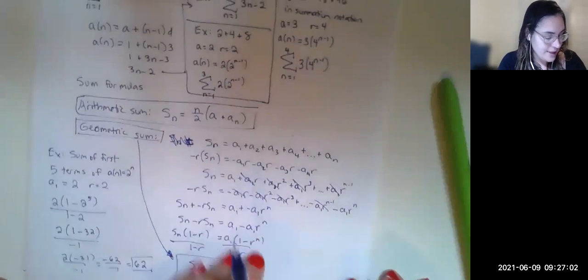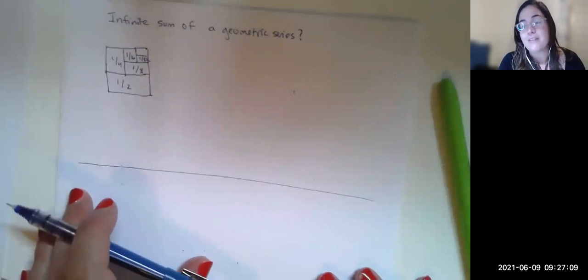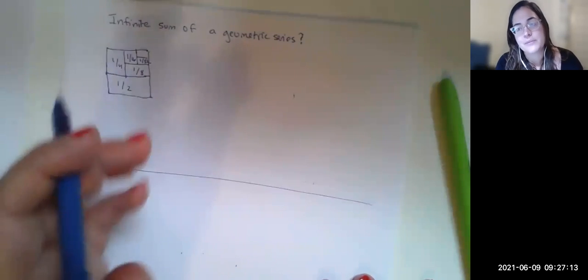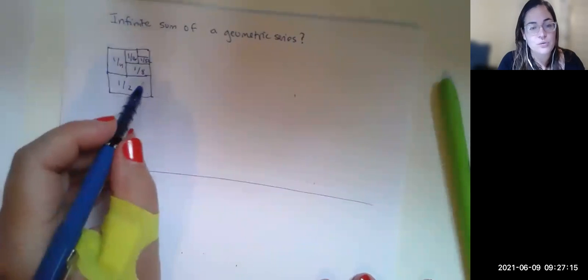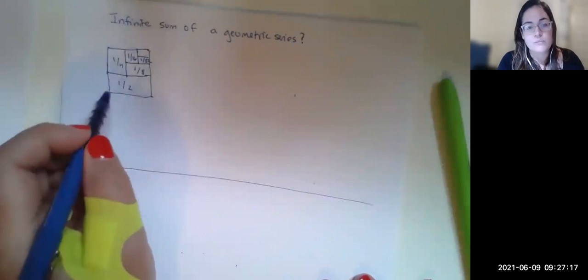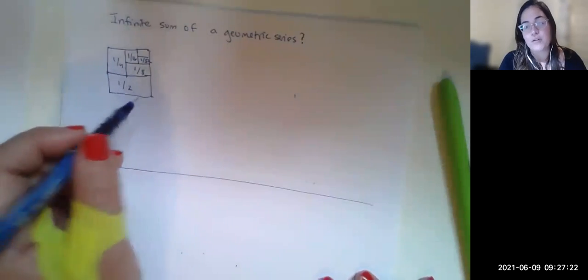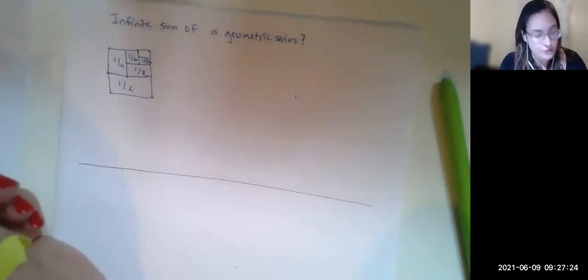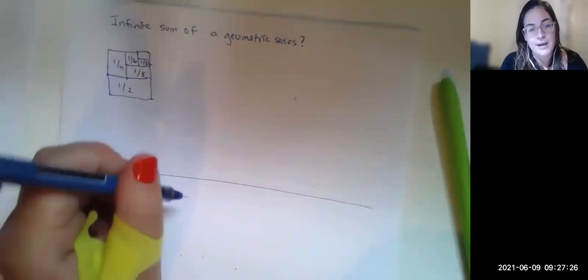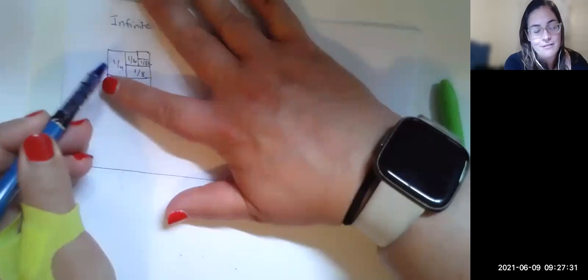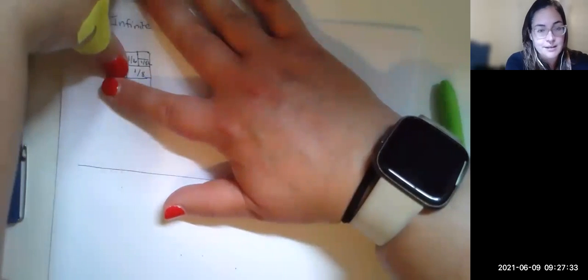Okay, so now we have that going. And now what I want to do is talk about another concept, which is the idea of an infinite sum for a geometric series. The way that sometimes we introduce this is: what if you have something square shaped? You take a half, you rip it in half, you give 1/2 to a friend. So you give away 1/2, and then you have half the paper left. You tear that in half and then you give 1/4 to a friend.